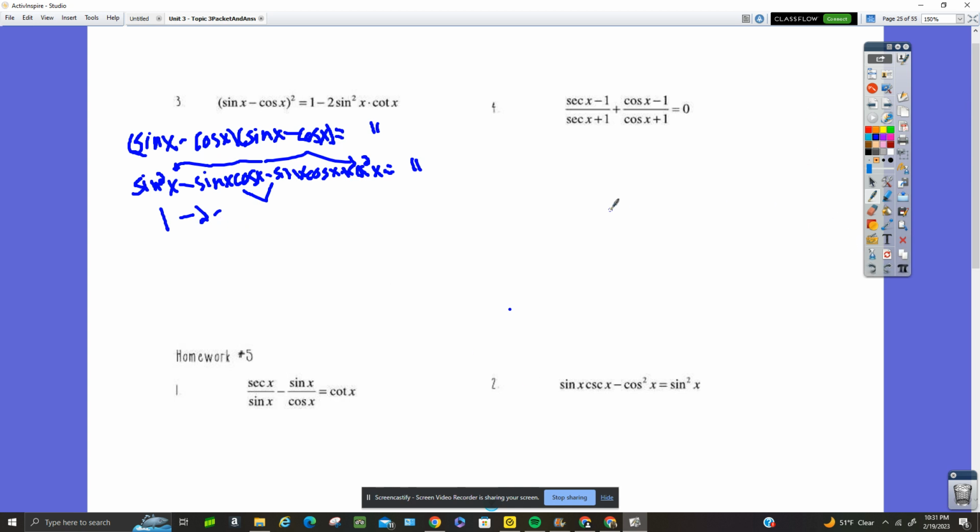It's hard to write with the mouse here. Well, here, if I could take cotangent x and turn it into cosine x over sine x.